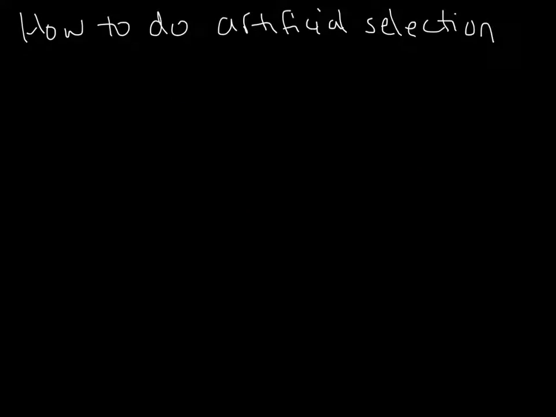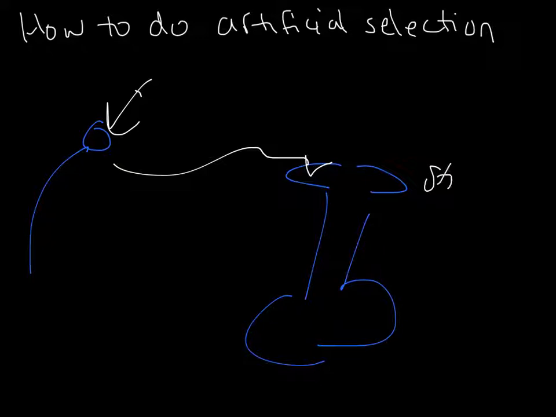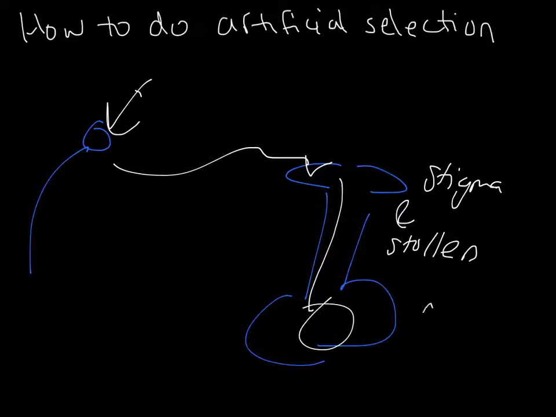Lastly, how do you do artificial selection? If you think back to the anatomy of the plant, we have the anther, the stigma and the style. The main point is that you are going to collect pollen from here and rub it onto the stigma and style. This will cause the formation of the pollen tube and fertilization.